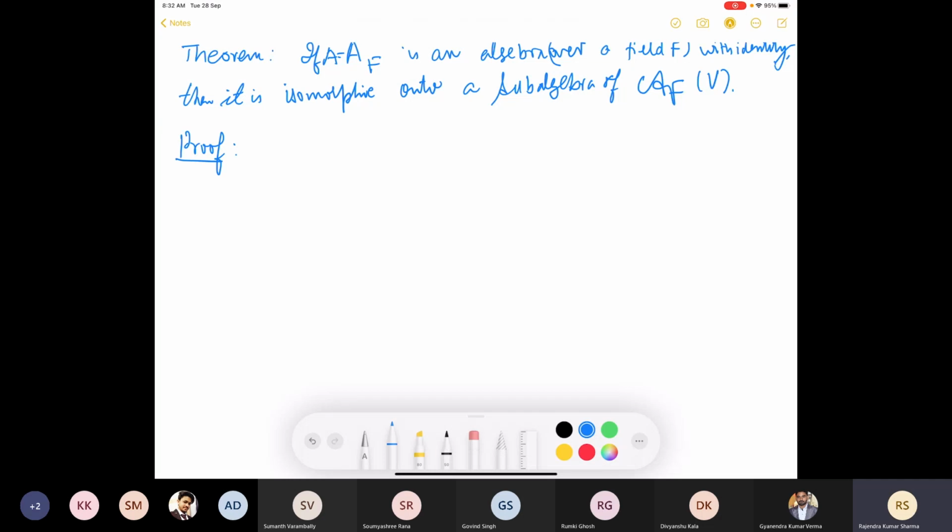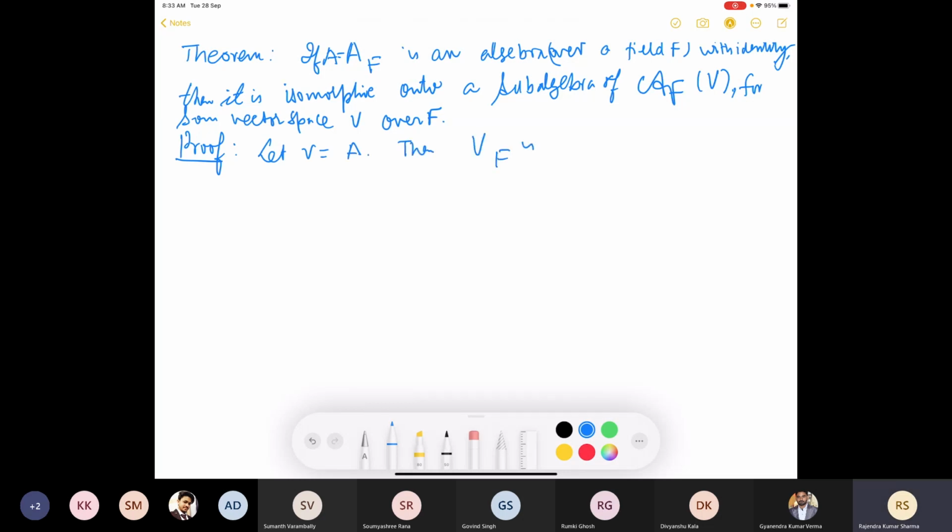So to prove this, what we need is some vector space V over F. So we start with what is already available to us, one vector space, namely A itself. So let V be A itself.